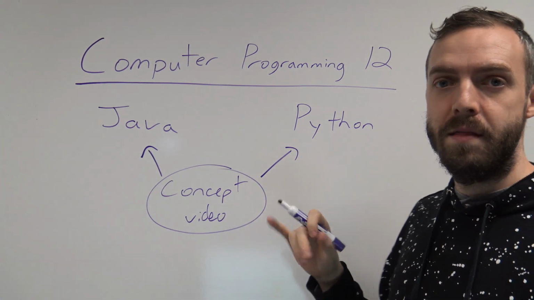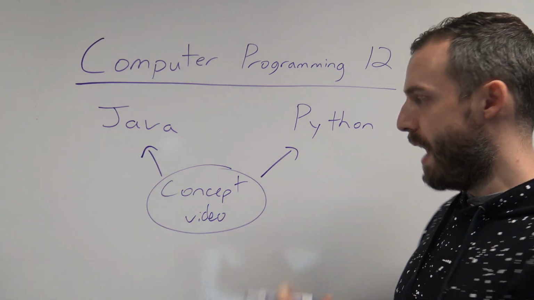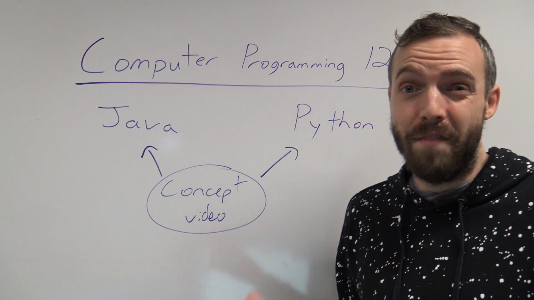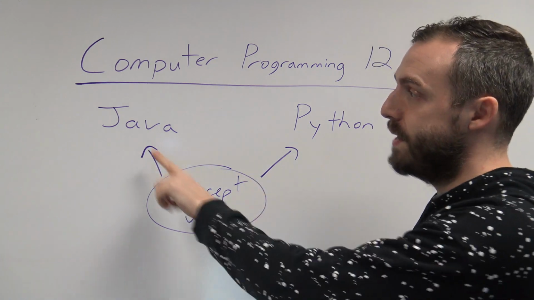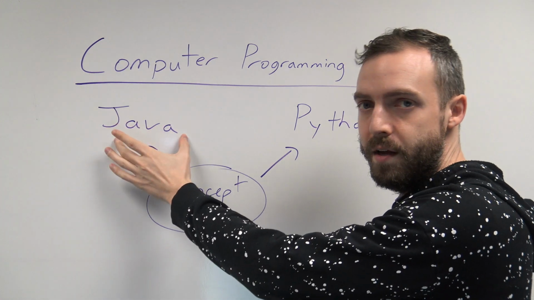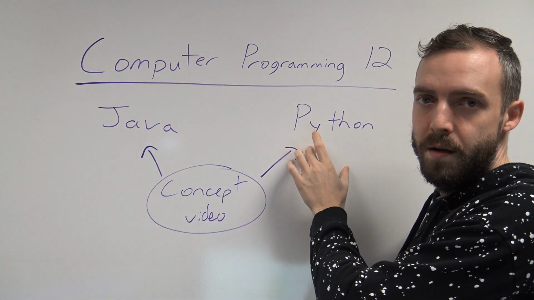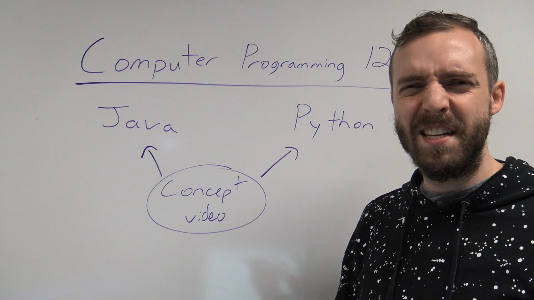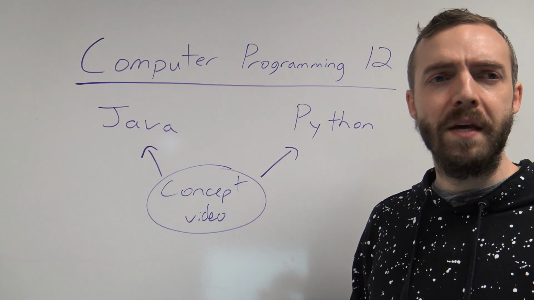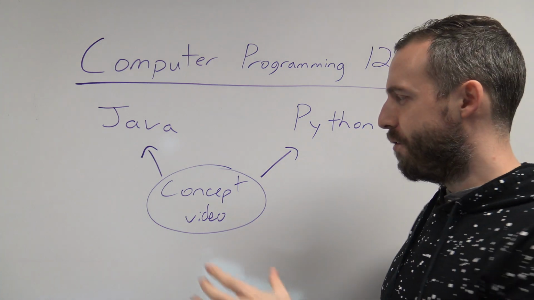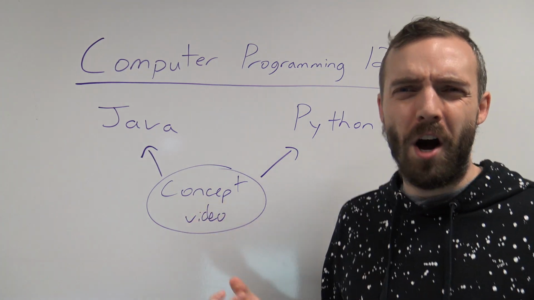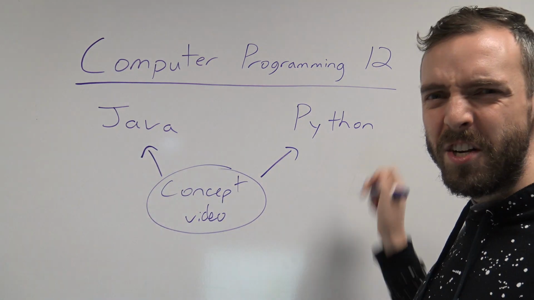Then later on, you're going to learn about variables. I'll have a video on the concept of what is a variable, how do we make sense of it conceptually, and then you can follow the pathway to either learn how to create variables in Java or variables in Python. And later on in the course, we'll get to much more sophisticated things. For example, there'll be a unit on creating a digital storefront. In that one, I'm going to create a short video on the overall concept of mapping out the logic of a storefront.